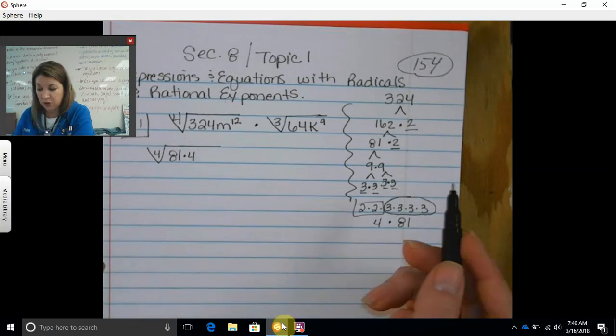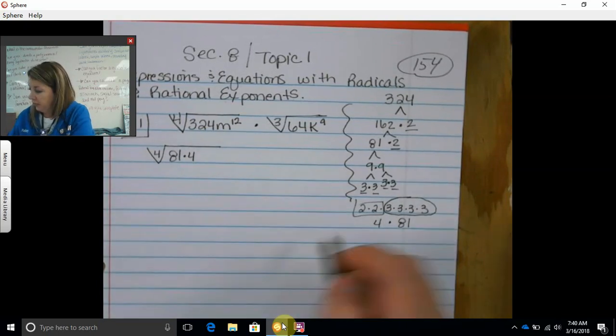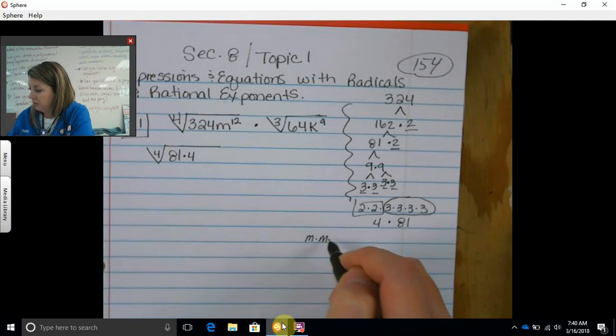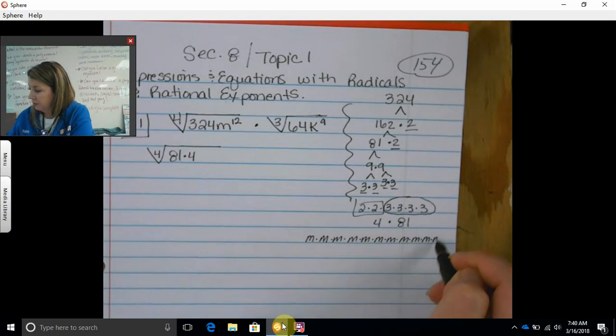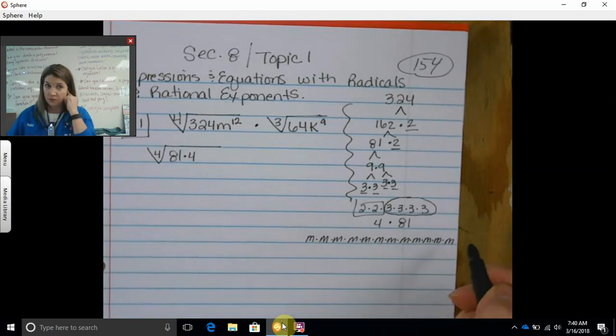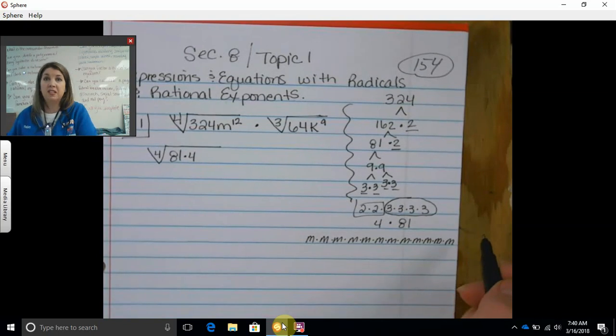Doesn't m to the 12th mean m 12 times? M times m times m times m times m times m. 12 times is m to the 12th. Do I have 4 of the same factors?